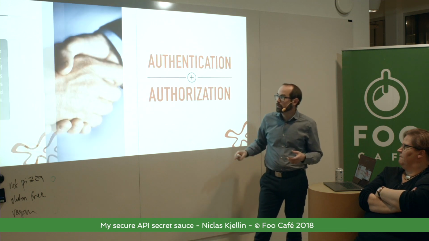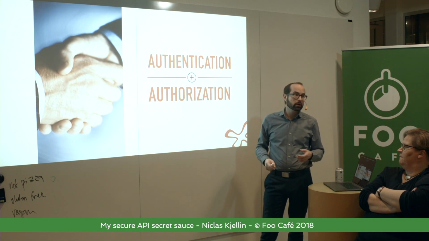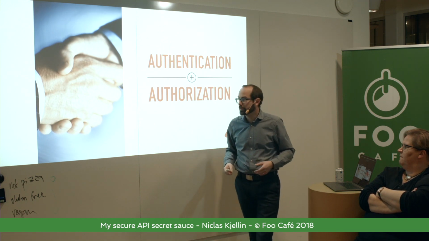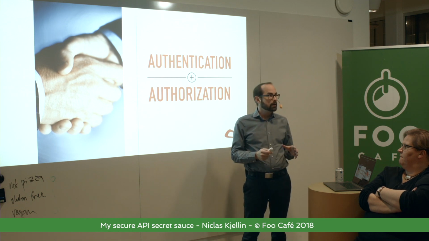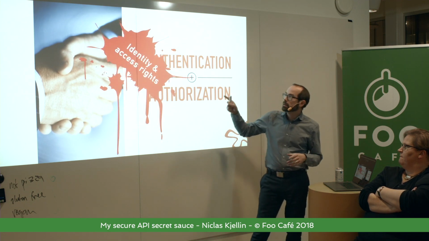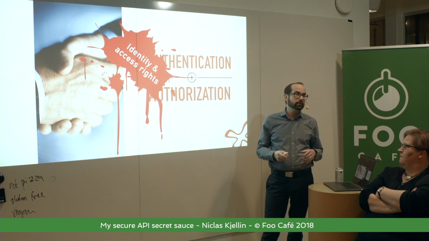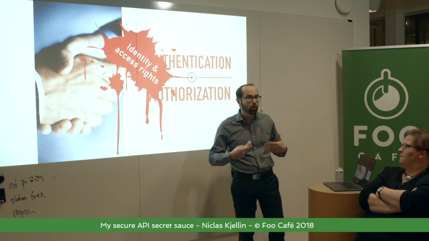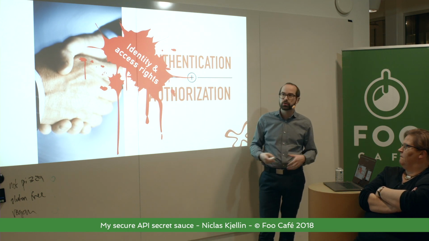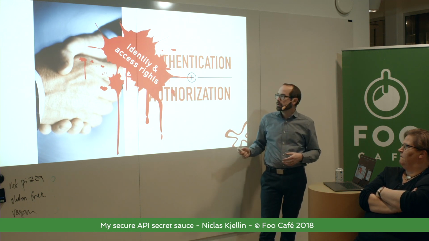So really, we need both of them for this to work. You can't have just one. And if you look at it, these are basically the same as an identity and access rights. So they need to work together. So in kind of a login situation, it would be your user and what your user can do.